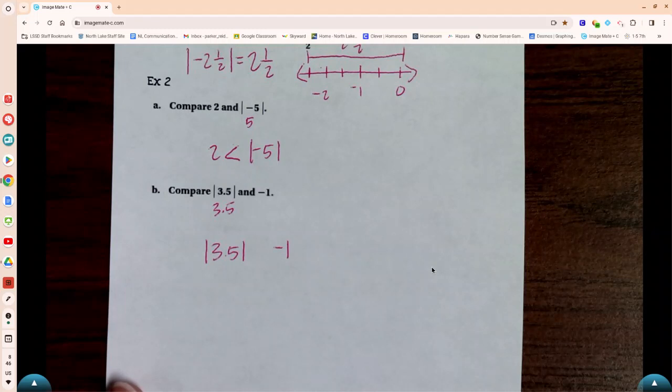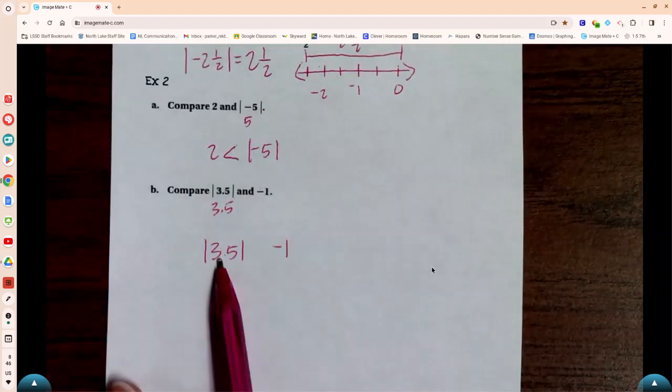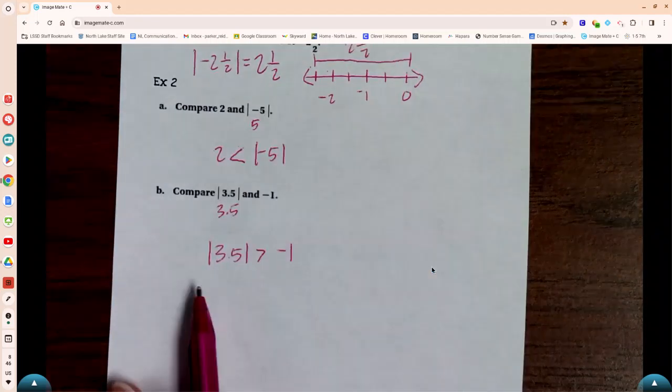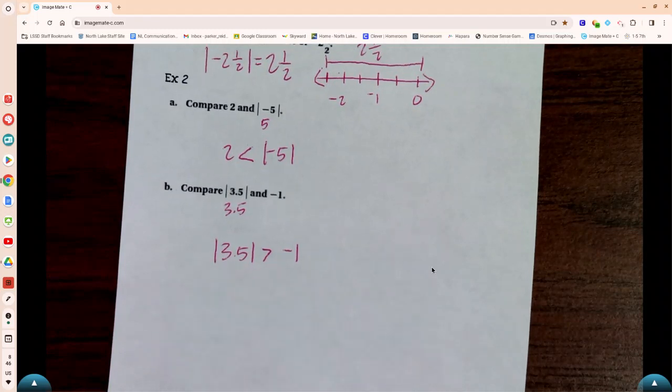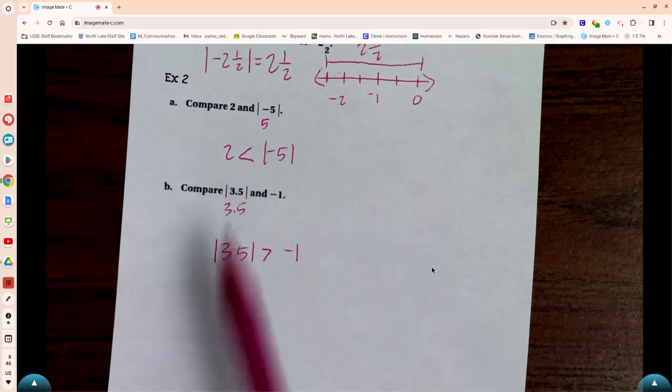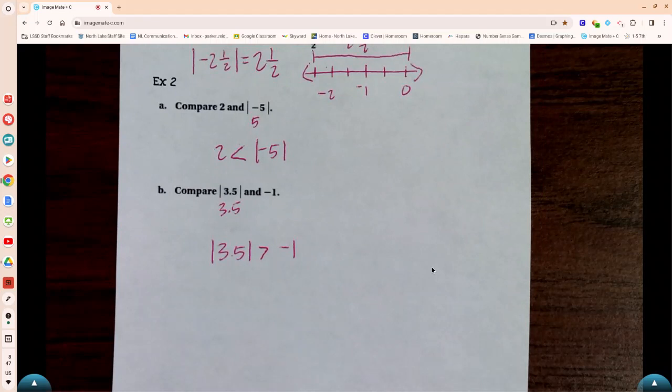Close. Dash? The absolute value of 3.5. Yeah, because that has the absolute value symbols around it, and we want to remember that we have to leave it that way. So what we're saying is the absolute value of 3.5 is greater than -1. Yes, that equals 3.5, but when we're comparing, we want to leave it in the form that we had it.